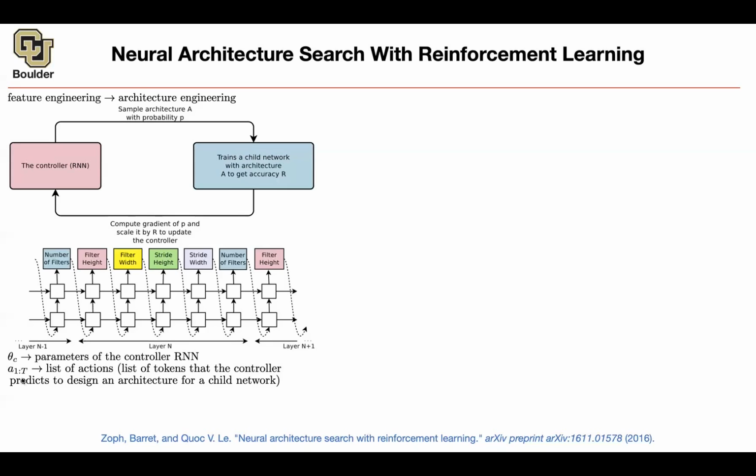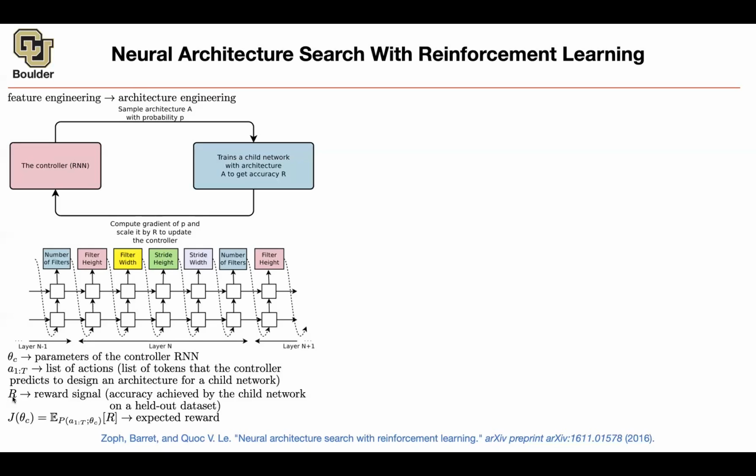Okay, perfect. So now you have a list of actions, and then you're going to sample an architecture, because you have an RNN outputting your probabilities. Now you can sample an architecture according to that probability. Now you can go ahead and look at your validation data, and that's going to give you a signal, a reward of how good your model is, how accurate your model is.